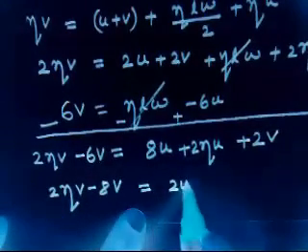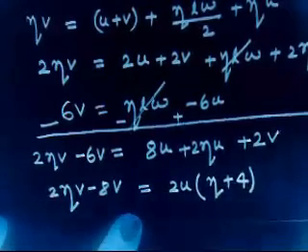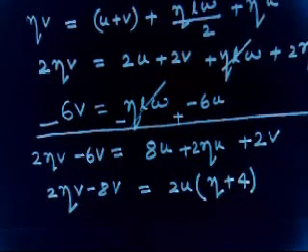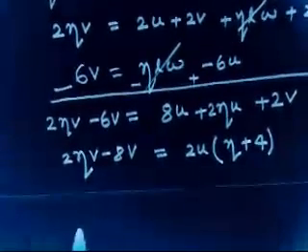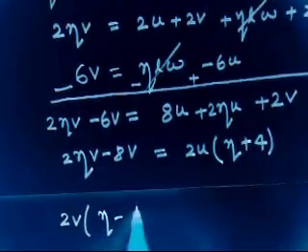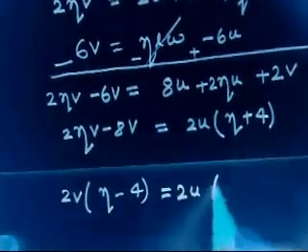if I take 2u common, I will have (eta plus 4). Now if I do more mathematics, I can take 2v common here also. So 2v, if I take common, (eta minus 4), equals 2u (eta plus 4).